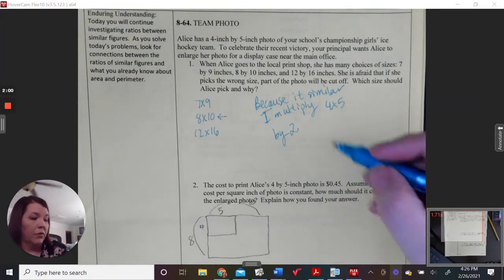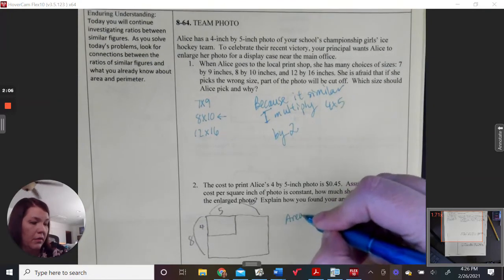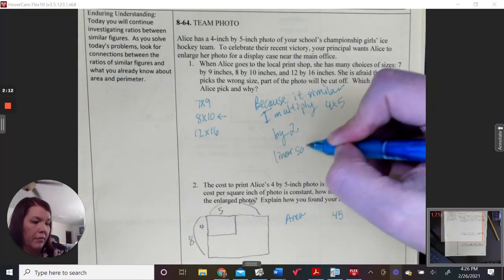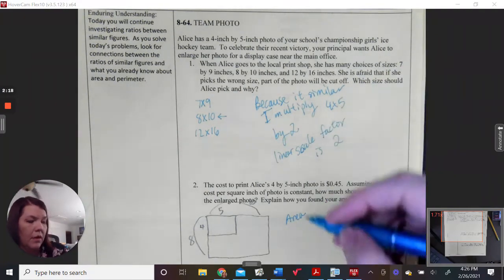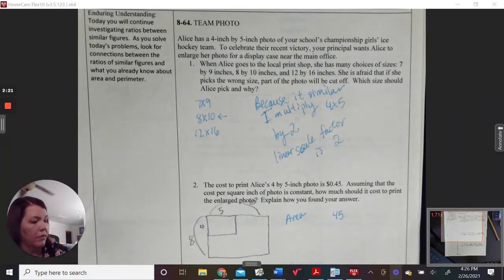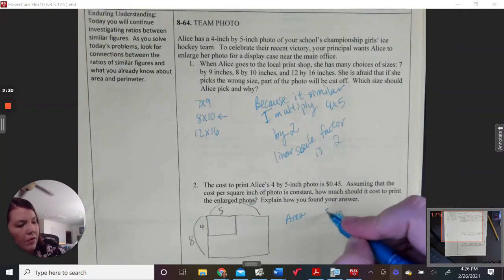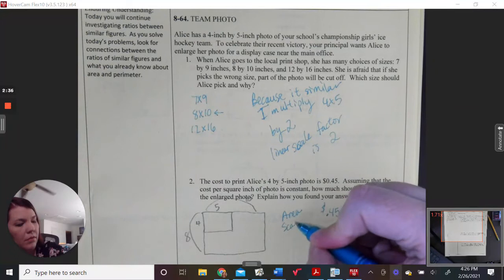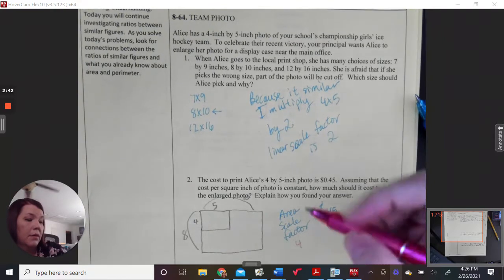So if we recall from class, our linear scale factor is 2, which will make our area scale factor 4, because 4 is 2 squared.